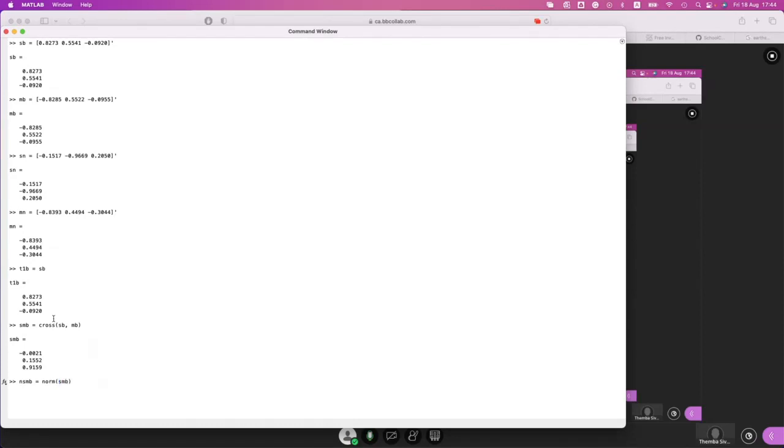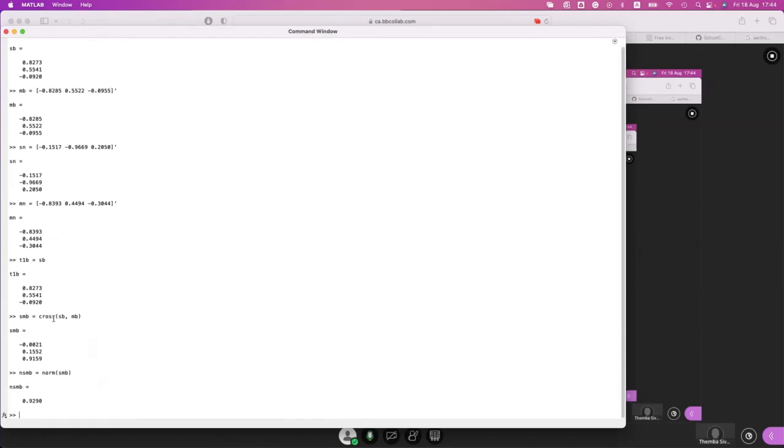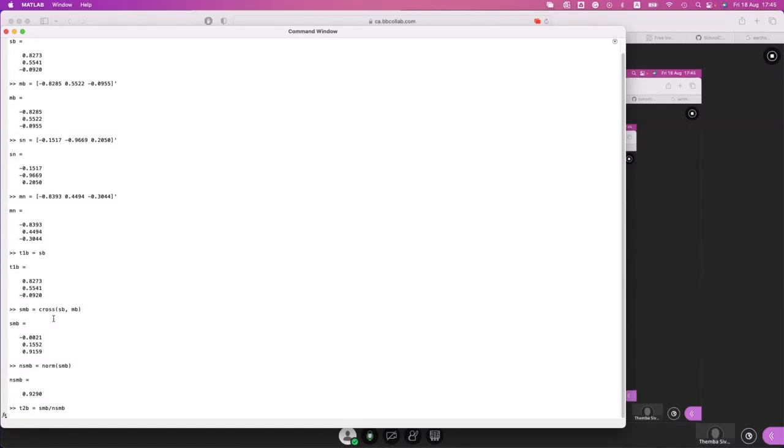Because we have already computed our SB cross MB. So when you normalize, this is the value you get. So we want to now obtain our T2B. Your T2B will then become SMB divided by normalized SMB.